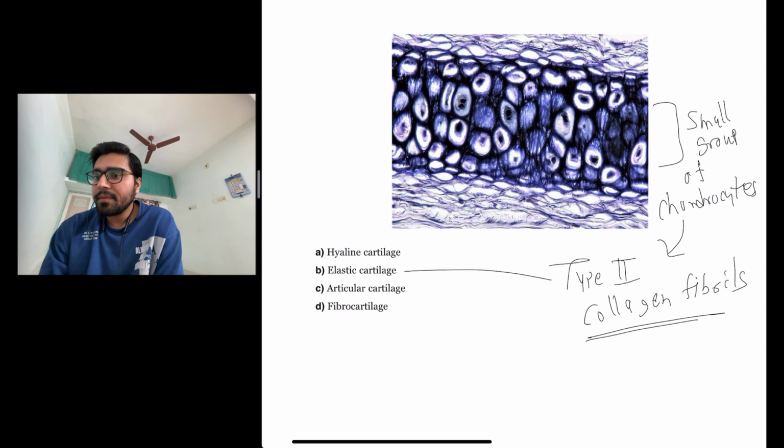So this is seen in elastic cartilage. So the answer here is B, elastic cartilage.